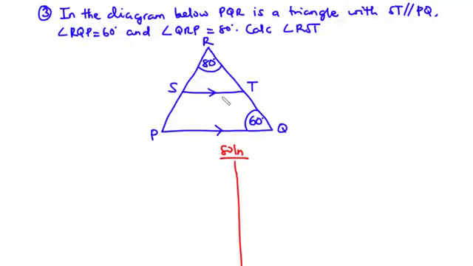Now from the angle properties of parallel lines in a triangle, we know that this angle corresponds to this angle. Now this angle is the angle RQP. It corresponds with the angle RTS, and we know that corresponding angles are also equal. In that case, the angle RTS is 60 degrees. So we say that corresponding angles are equal.